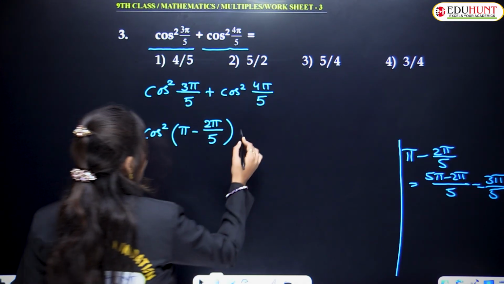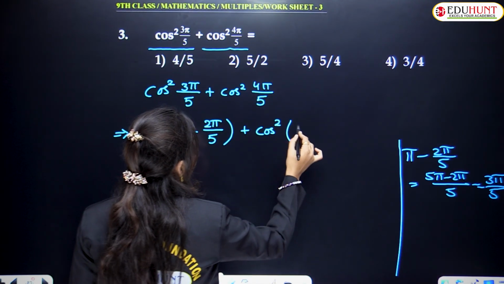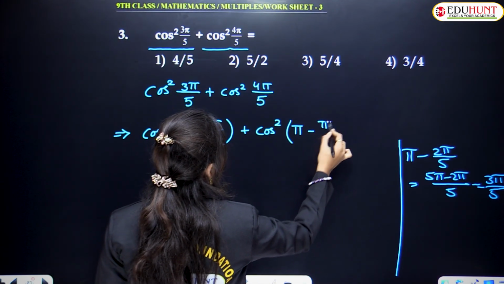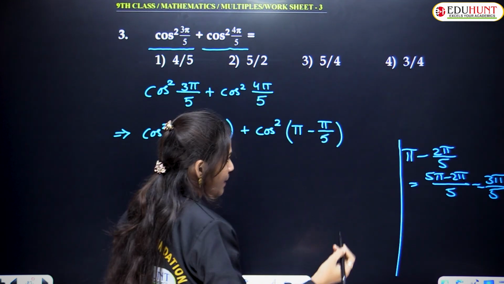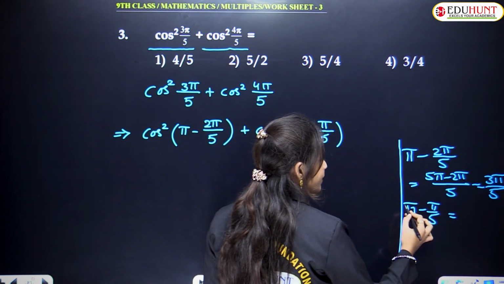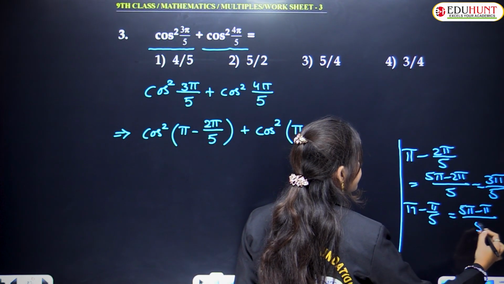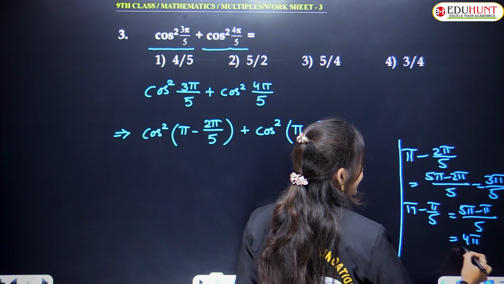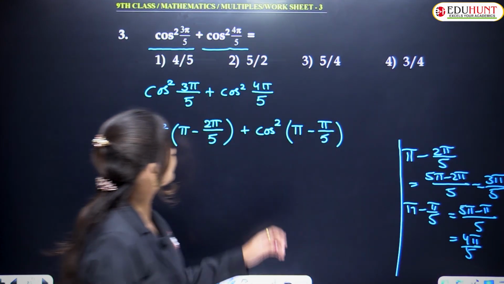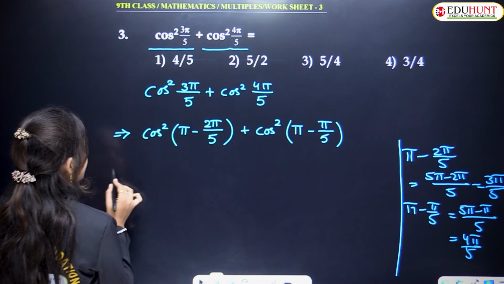Plus, this one we can write as cos square of pi minus pi by 5. Simplify that: 5 into pi is 5 pi, minus pi by 5, so 4 pi by 5. Again we are getting 4 pi by 5. That is why we changed it like this.